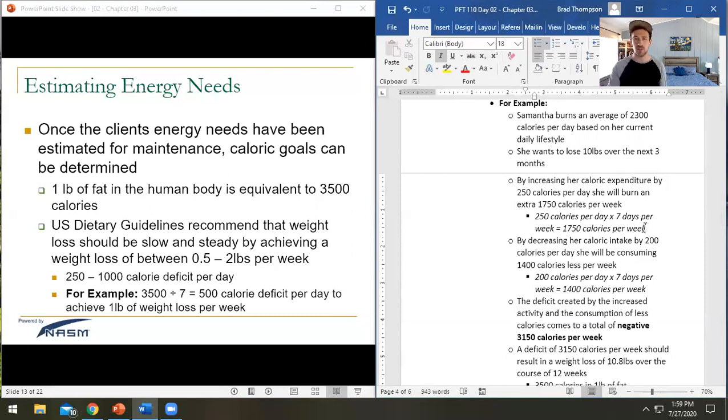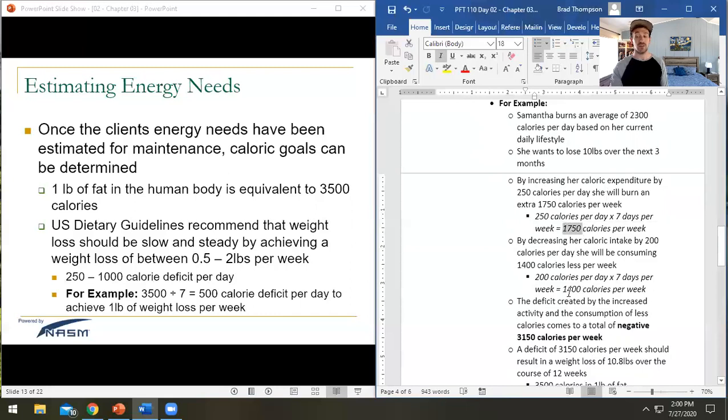Tuesdays and Thursdays, we have her do a cardiovascular routine. And on the weekends, she goes for a walk at some point, a little bit longer than during her normal lunch break. So she gets a little bit of rest in there, and that's going to create a 1,750 calorie deficit per week from exercise alone.